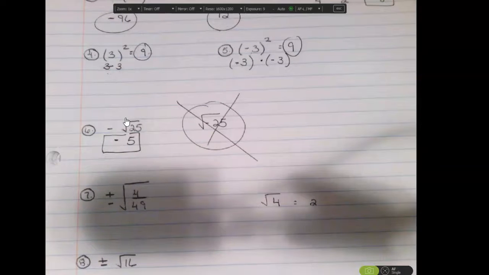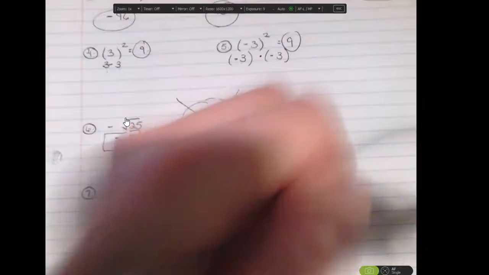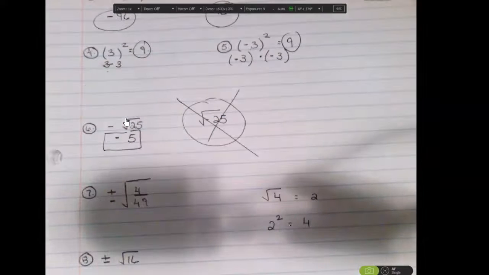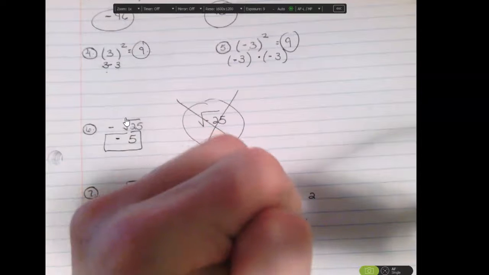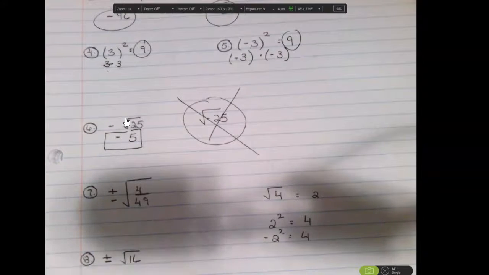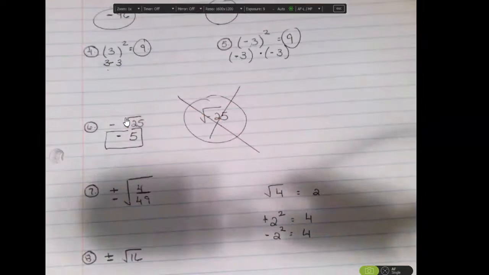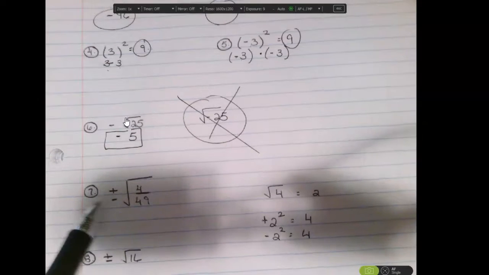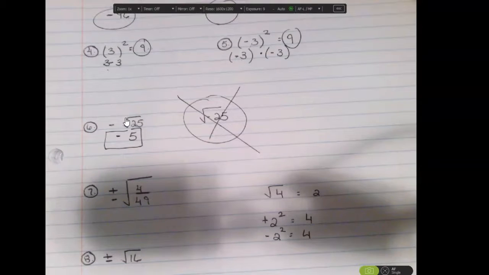But the square root of 4, guys, can also be, well, whenever I take 2 squared, that's equal to 4. What if I did -2 squared? That's also going to be equal to 4. So as you can see, both a positive and a negative, when I square them, equal the same thing. So by taking the square root of these, that's when we start to see this plus or minus come into effect, because both the positive and the negative forms squared are still going to give me that positive 4.